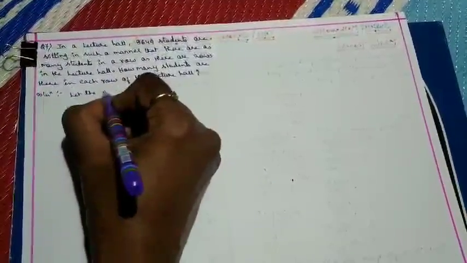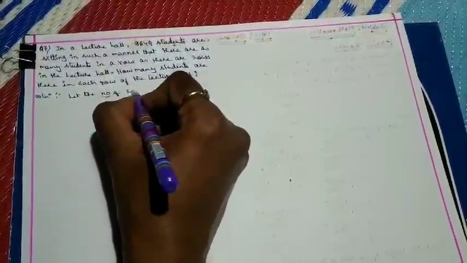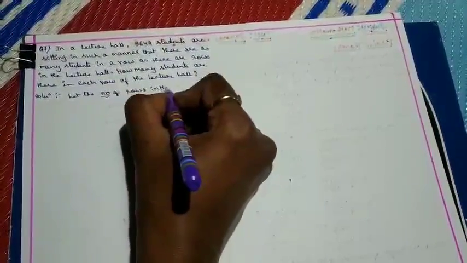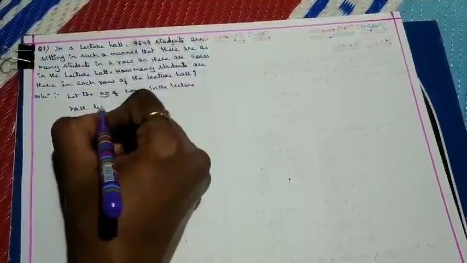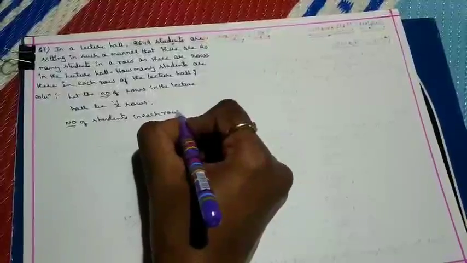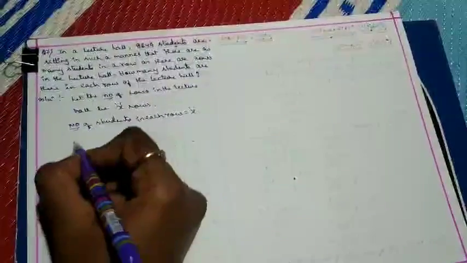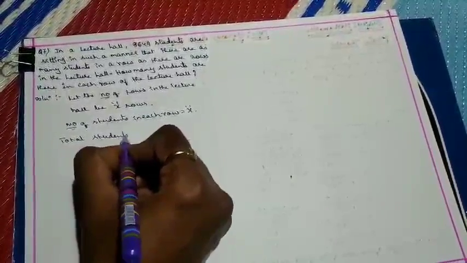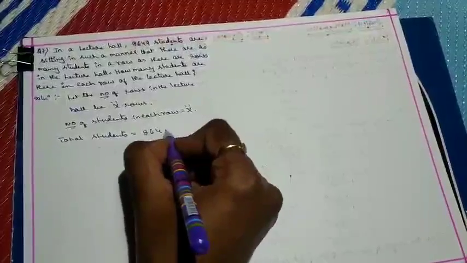Solution: let the number of rows in the lecture hall be x rows, and the number of students in each row is also equal to x, because according to the question, the total students equal 8,649.